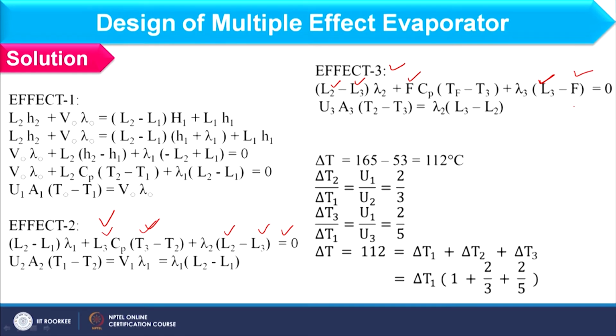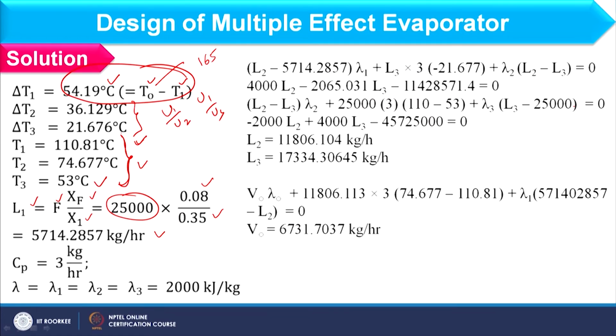So, a unique solution will exist which you can solve simultaneously, okay, because once I know the temperature, these equations become linear in nature, right. So, you can solve these simultaneously, and while solving this you have to put in the known parameters. So, let us see that.